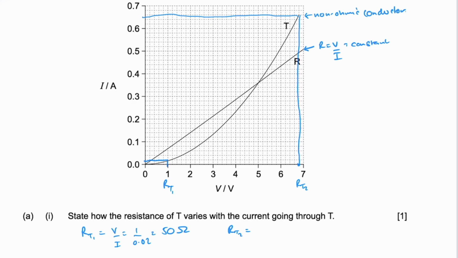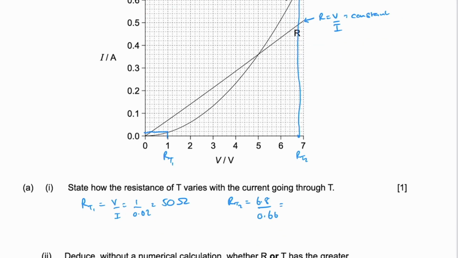Okay, so RT2 is 6.8 divided by 0.66, which gives us a value of, well, it's going to be greater than 10, isn't it? 10.3 ohms. We can see that the resistance has decreased. So as current increases, resistance decreases.